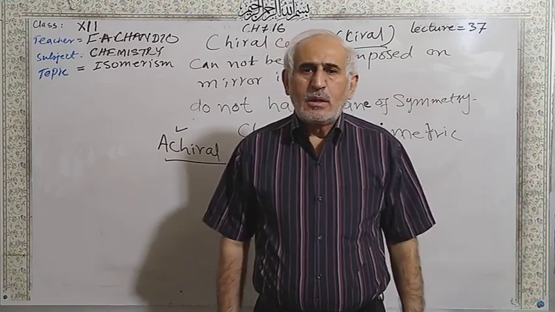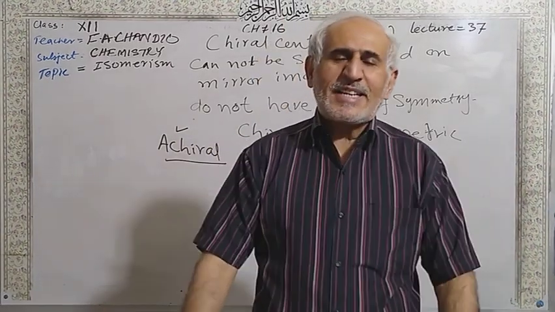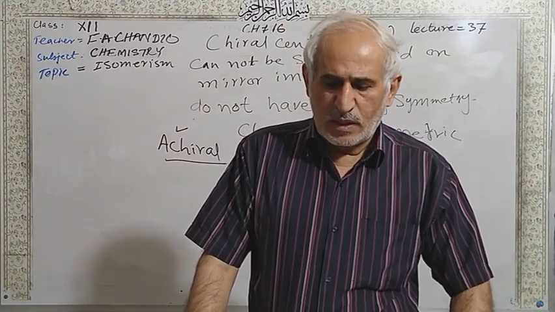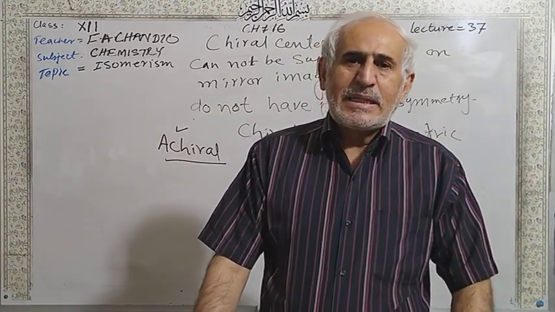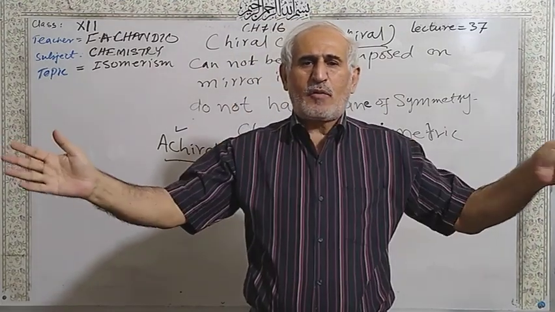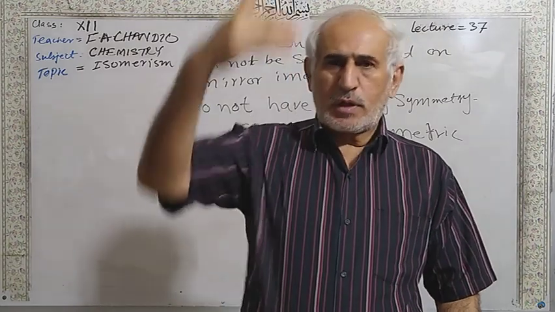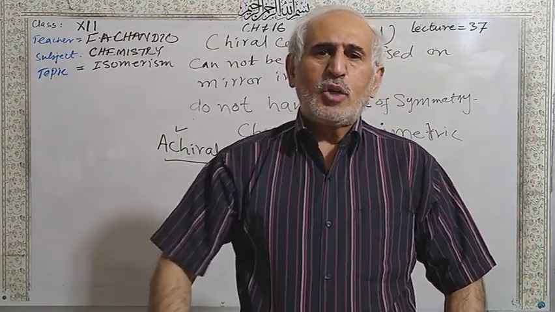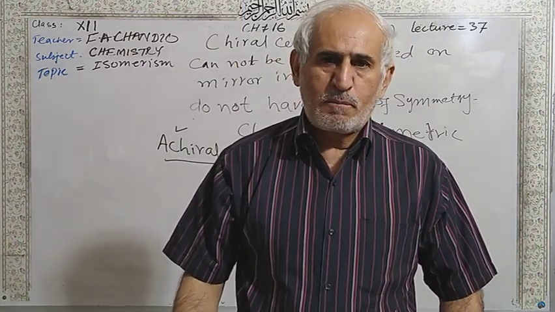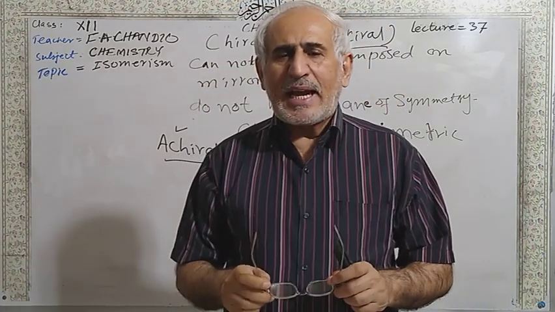One table and you want to cut the middle, you will find the same two halves. A head, if you make a line between the head, you will see the same half. If there is a human being, if you make a line between the human being, same halves. So these are called achiral, symmetry. They have a symmetry.